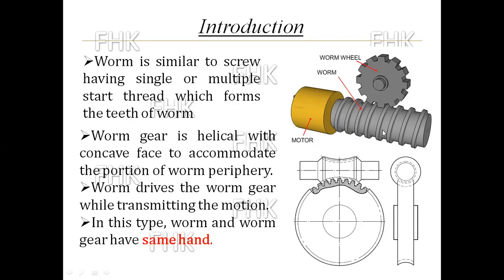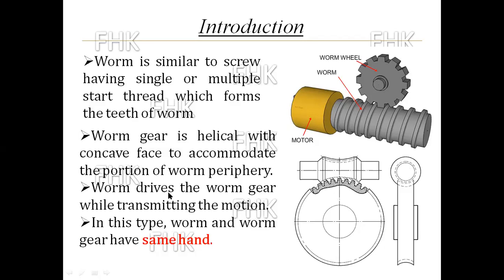The worm is a cylinder, so it has a periphery. To accommodate this periphery into the worm gear teeth surface, the surface of the teeth is made concave. Here you can see this surface is made concave to accommodate the periphery of the worm.